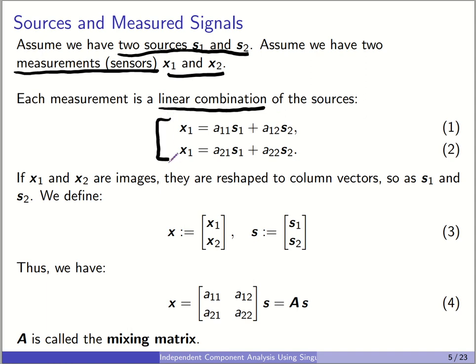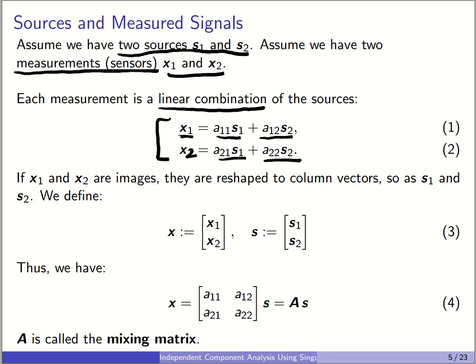So each measurement of each microphone is a linear combination of S1 and S2. This is X1, and X2 is also a linear combination of S1 and S2. We can represent the weights of the linear combination by A11, A12, A21, and A22.